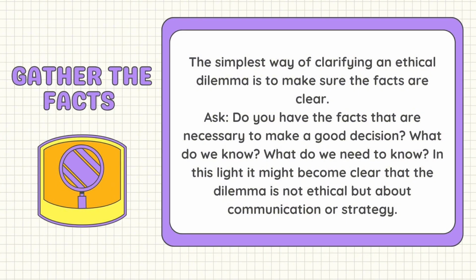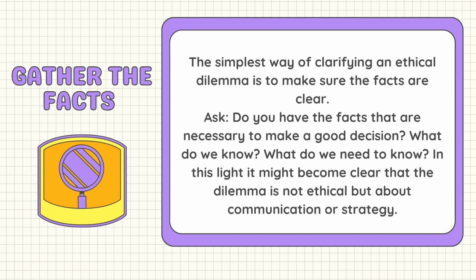The first step in moral reasoning is to gather the facts. Before deciding whether something is right or wrong, we must make sure that we fully understand the situation. For example, imagine you see your co-worker leaving work early several times a week. You might quickly assume that the co-worker is lazy or not fulfilling their duties, but if you gather the facts, you might discover that their supervisor actually allowed them to leave early because they start work earlier than others.